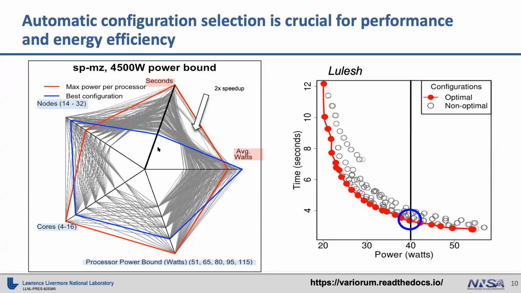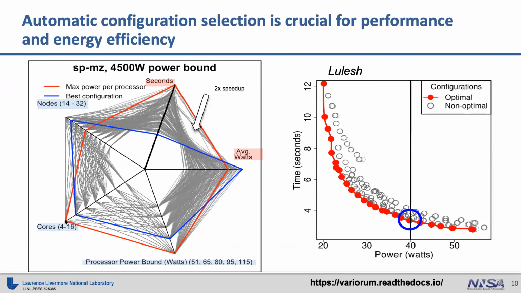And then we want to look at what configurations, so nodes, cores per node, and the processor power bound, lead to that, right? The red one here shows the default, which is we run all the cores on the node. So this is 0, this is 16 cores. So this is 4, 6, 8, and so on up to 16 cores. And there are 5 different power bounds here.